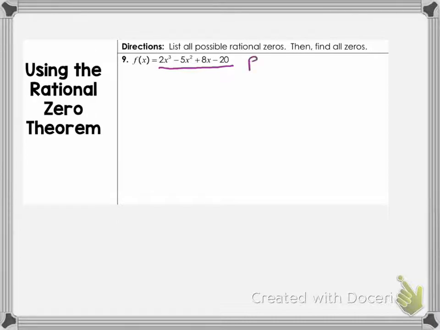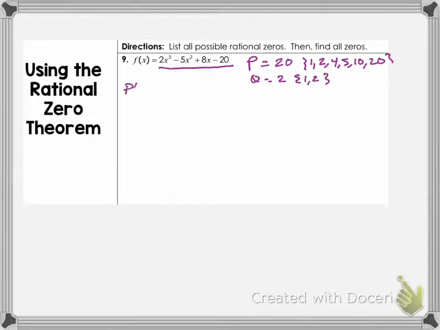So p is equal to 20, so that's 1, 2, 4, 5, 10, 20. And q is 2, so that's 1 and 2.